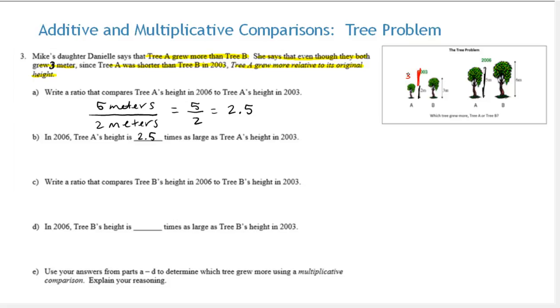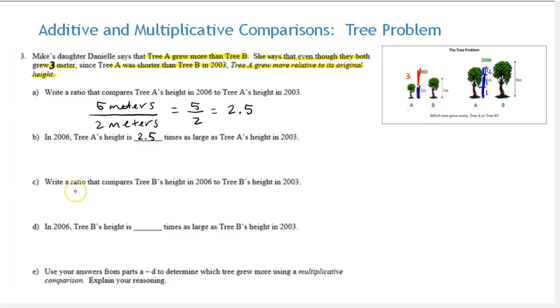But now to compare multiplicatively, we're thinking, how many copies of 2 meters, I'll draw this in blue, are in the later value? There's one 2 meters, two 2 meters is 5 meters, and then there's 1 more meter, which is half of this original height. So it's 1, 1 and a half. So it's 2.5 times as large in 2006 as it was in 2003.